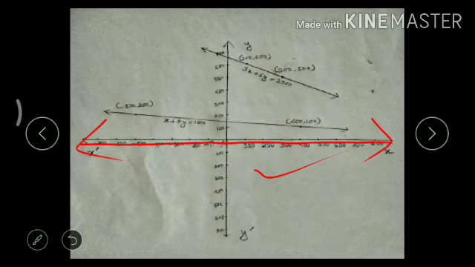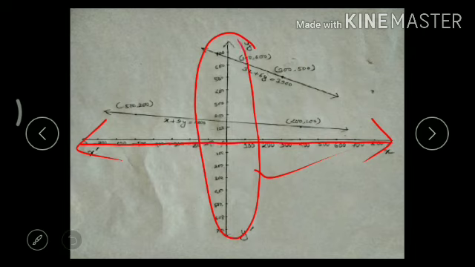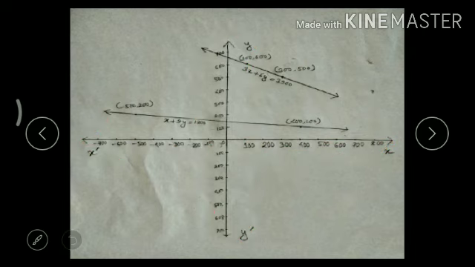Here also you should draw equal distancing. Here you can see I have drawn the x-axis and y-axis, and the scaling also I have done according to my suitability.